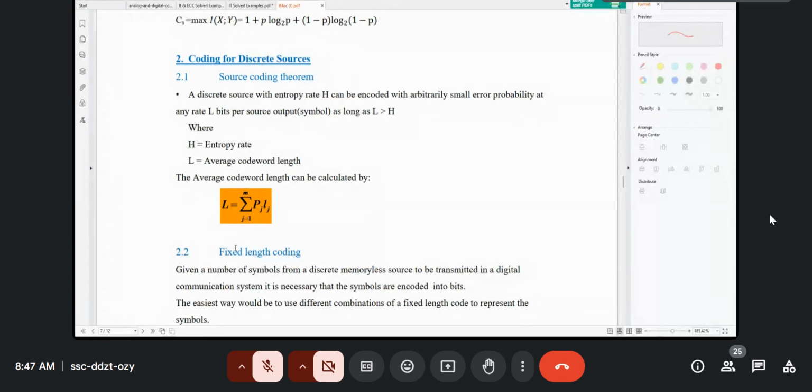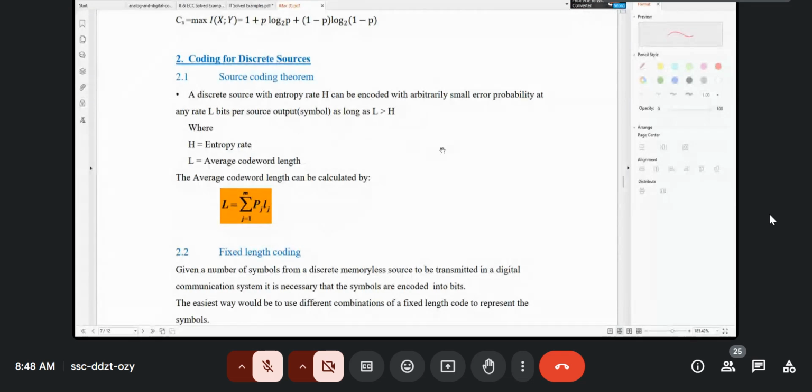So what you actually send when you strike a key is the code representing that key. So that is the case we are looking at, a discrete source, because a keyboard is a discrete source. It's not a digital source, but it's a discrete source.